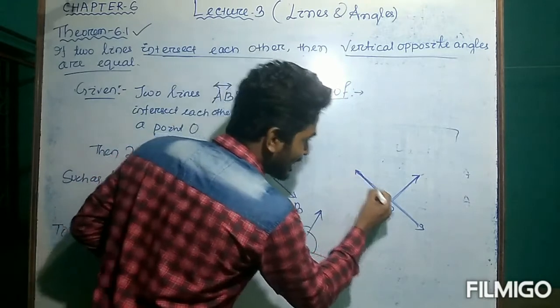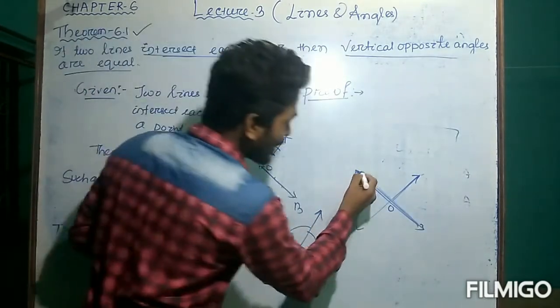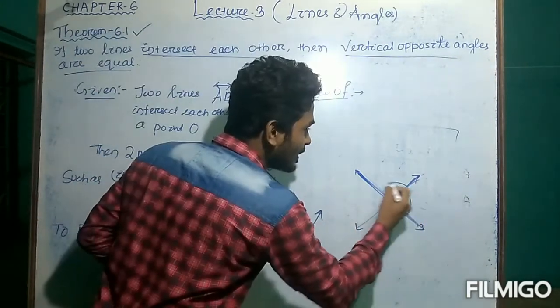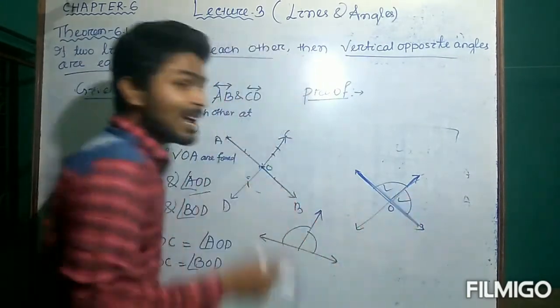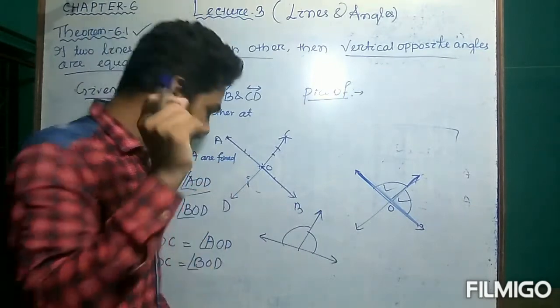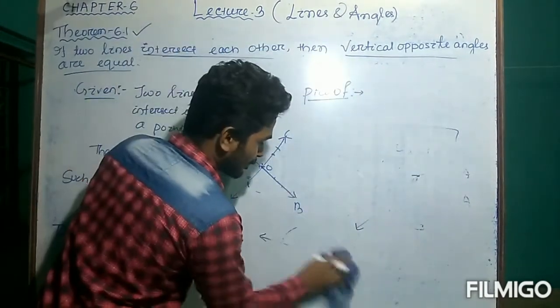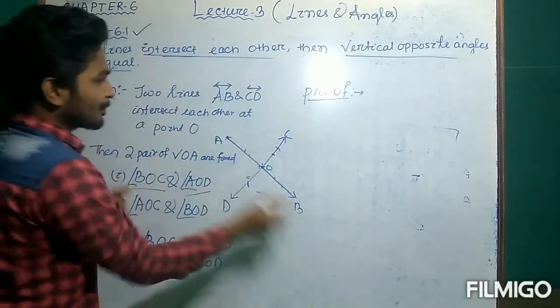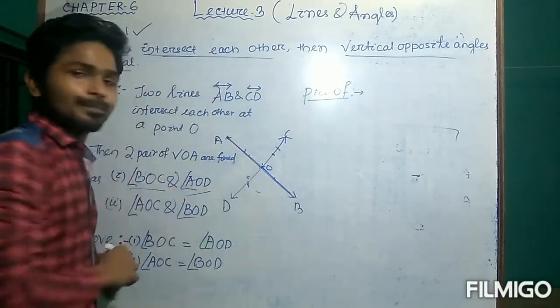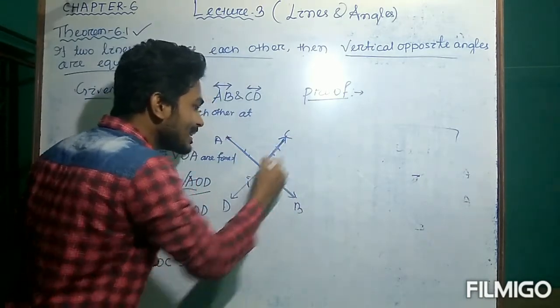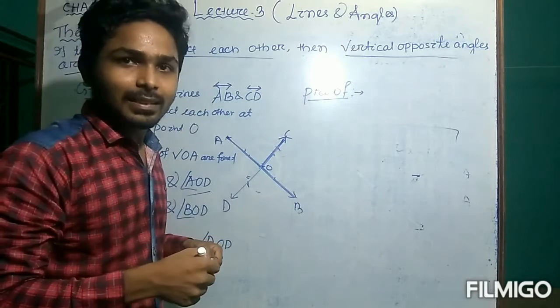Similarly, it is a straight line, and on this line this is a ray. So two angles are formed. Now these two angles are known as linear pair angles. Understood? Now compare this diagram with this diagram. Here AB is a straight line, and on this straight line OC is a ray which stands on it, right?